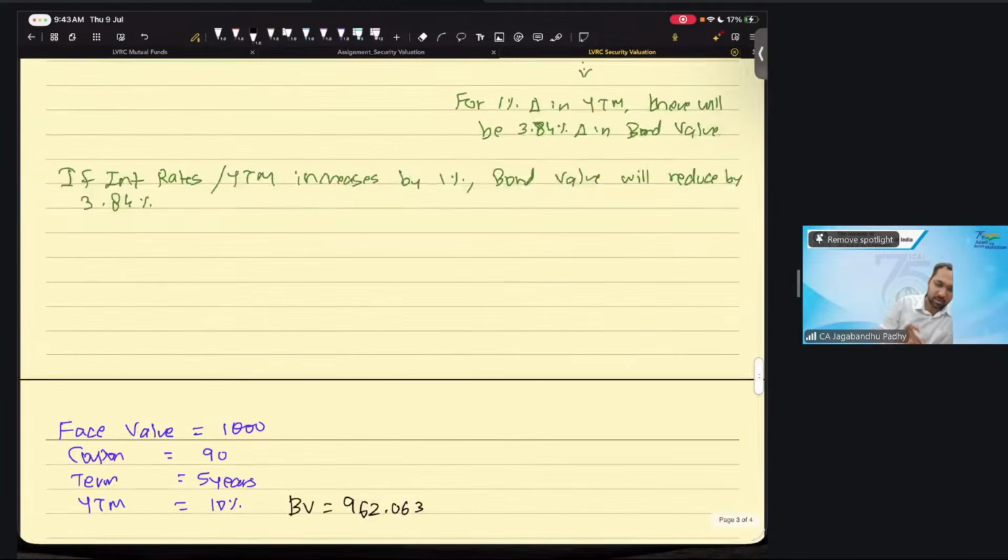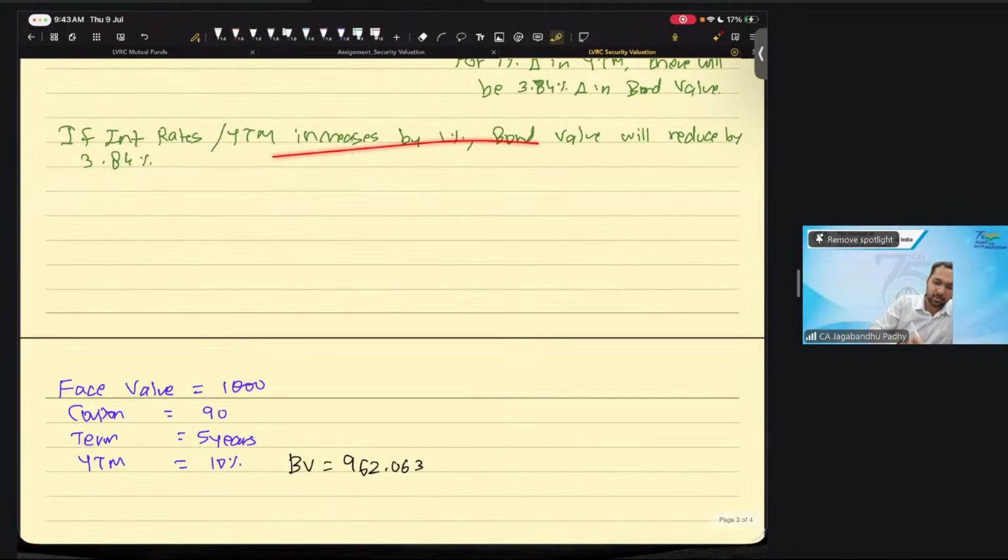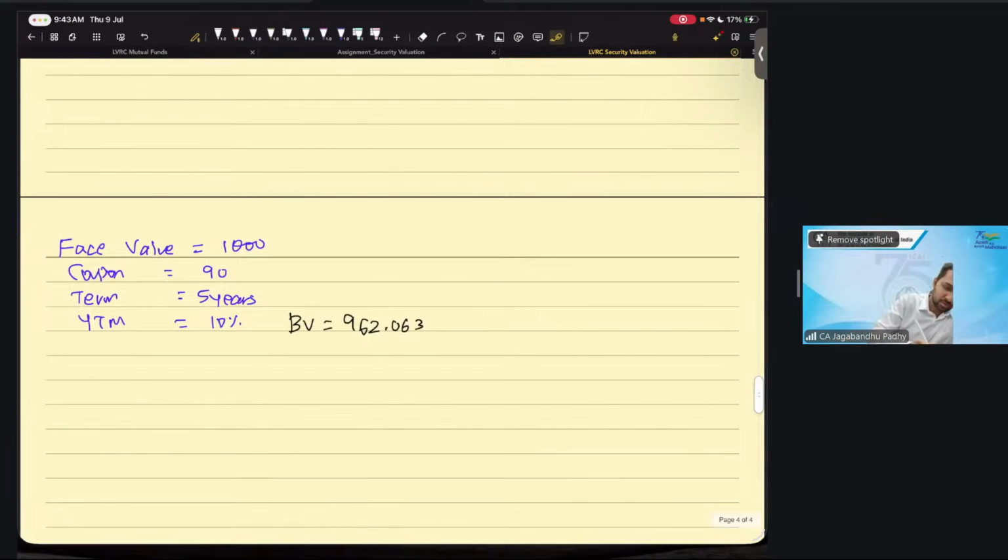Now let us test this proposition of modified duration for a YTM change of 1%. If your YTM rises to 11%, what will the bond value be?